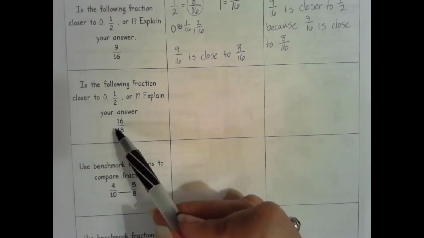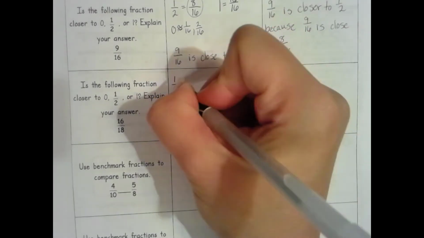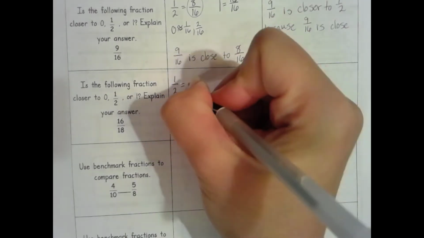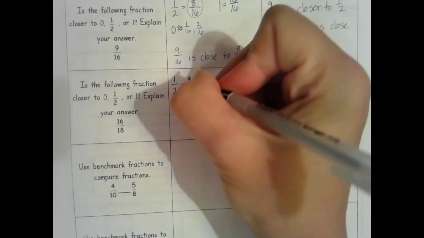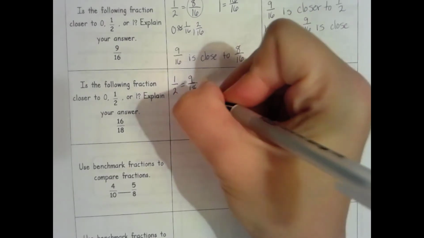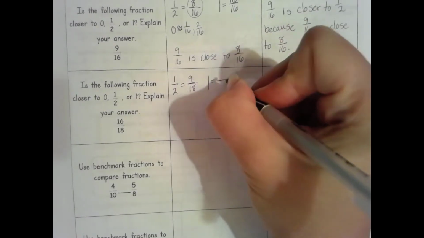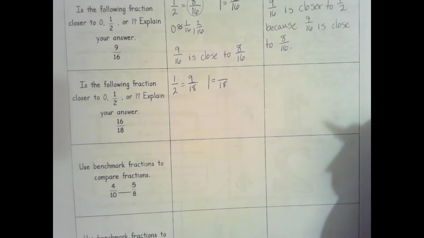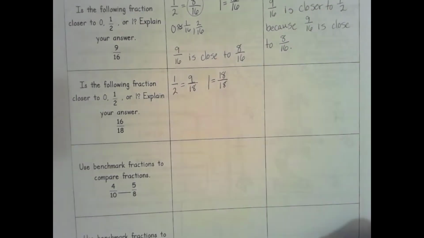Now we're going to do the same thing with 16/18. Well, let's see. 1/2 would be an equivalent fraction with the denominator of 18, which would be 9/18, because 9 is half of 18. 1 whole would be 18 pieces, all 18 filled in.